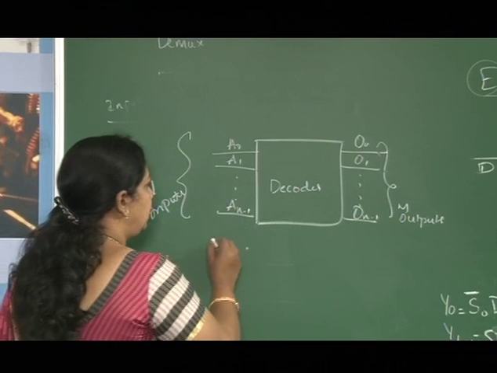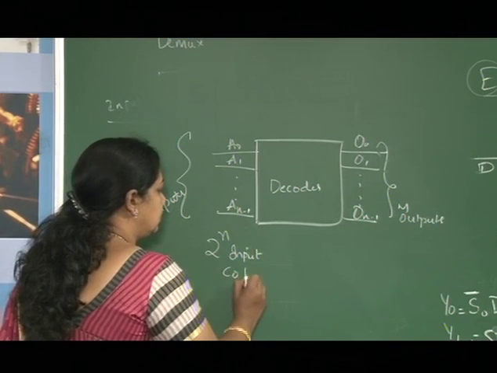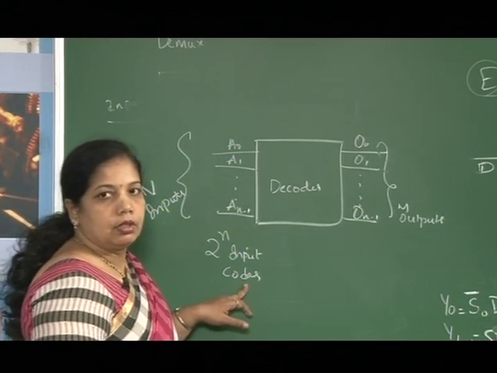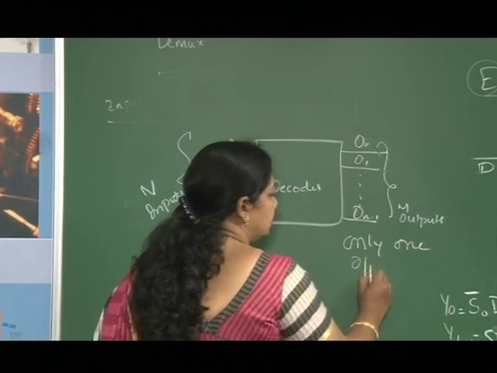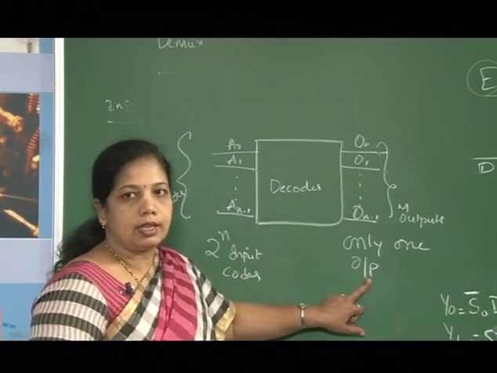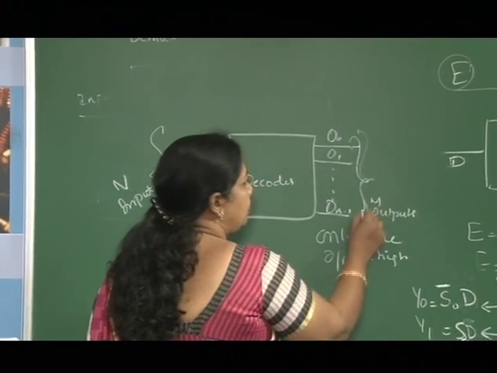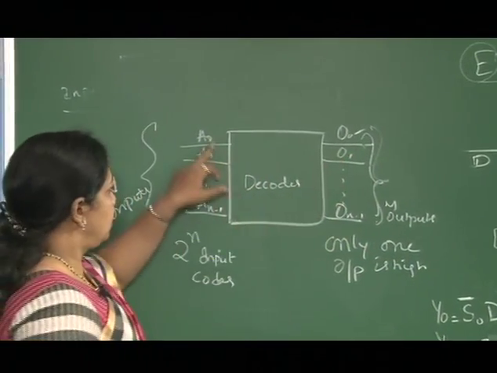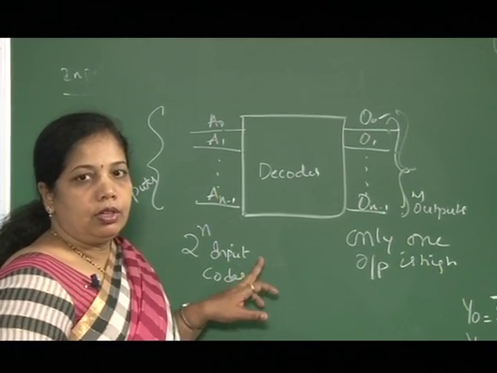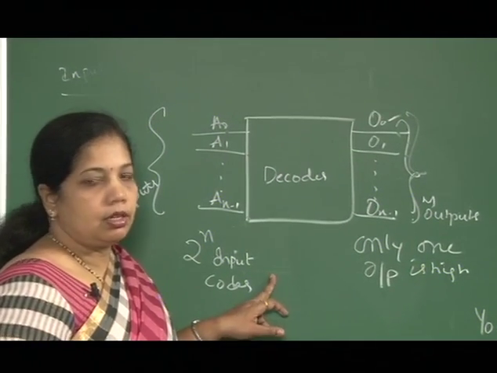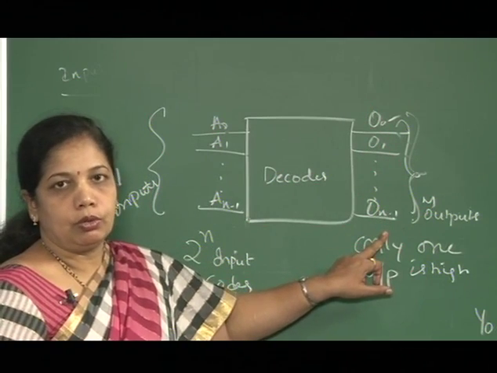We have 2 power n input codes, and only one output is 1. Out of this many outputs, only one output is 1 based on what kind of input you are generating. So for these input combinations, only one of the outputs will be 1 and all other outputs will be low.